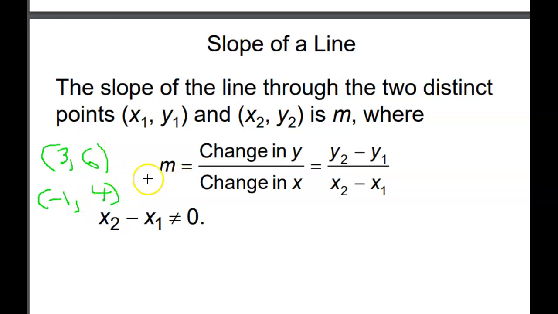You're just given those 2 points. So this 3 is the x-coordinate of one point. This 6 is the y-coordinate of the same point. It doesn't matter whether you call that 1 or 2, but if this one is x1, then its y-coordinate is y1. In the next point, x is the one on the left, so that's going to be an x. If this is x2, then this is also y2.